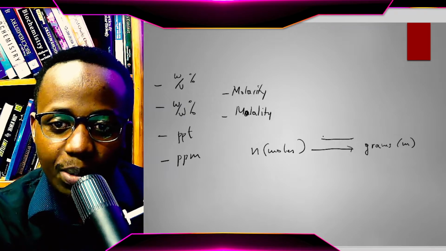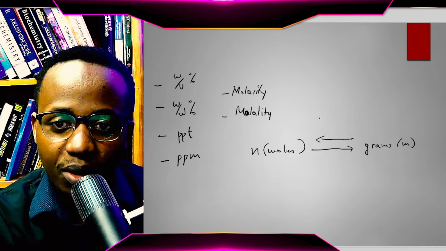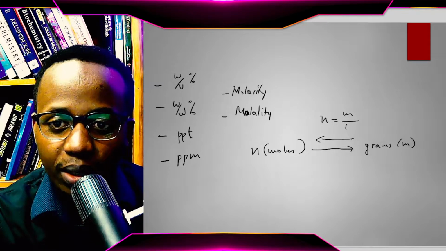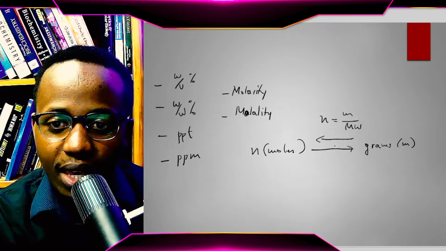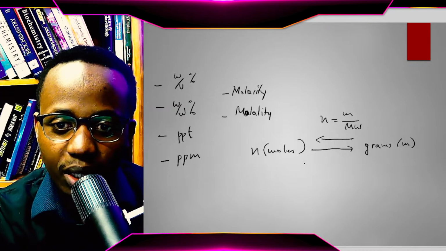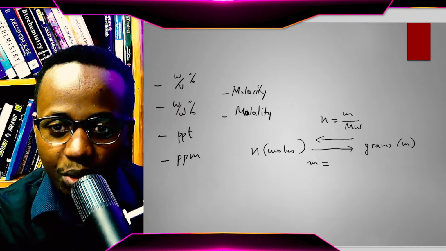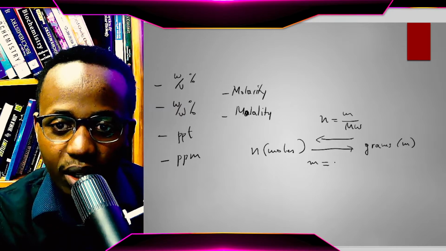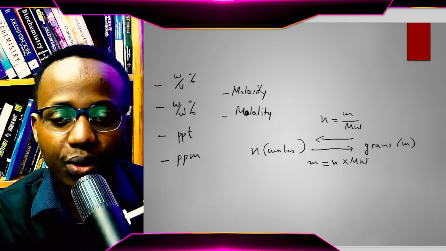If I give you grams or mass to find the moles, you say moles is equal to the mass over molecular weight. And then if we're going this way, if we want the mass, it's going to be equal to just cross multiplication of this. Mass is going to be equal to N times MW, right?